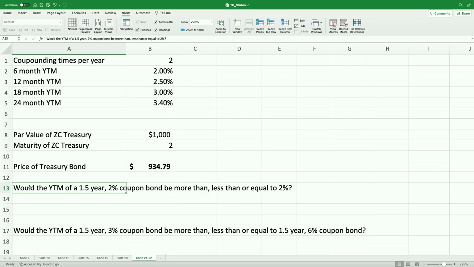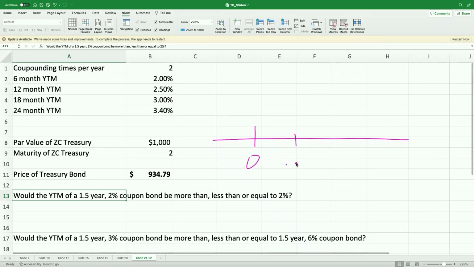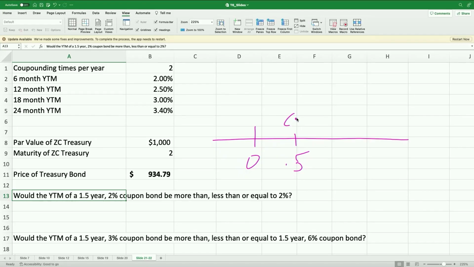So think about this bond. This bond will make 3 payments. In half a year, there will be a coupon payment, some cash flow. In 1 year, there'll be some cash flow.